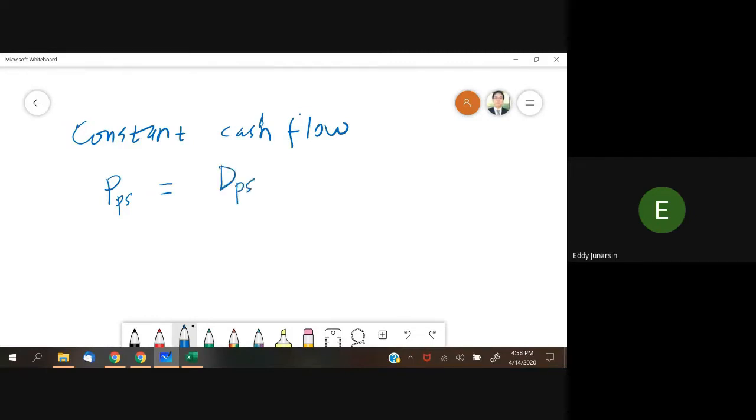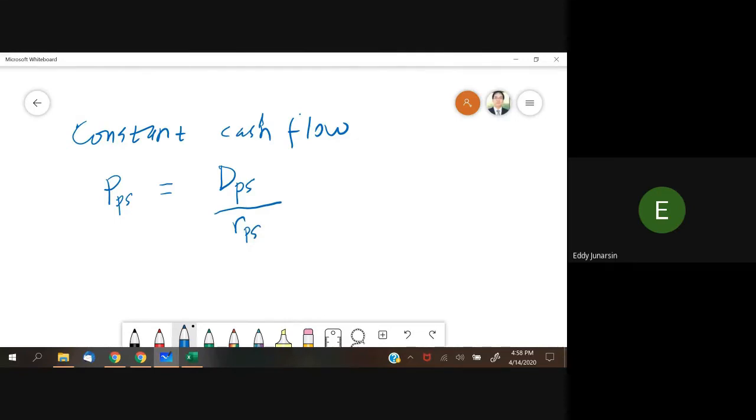Again, the preferred dividend cash flow is most likely constant and stated. The amount or the dividend rate is stated in the contract or in the clause, divided by the required return by preferred stockholders.